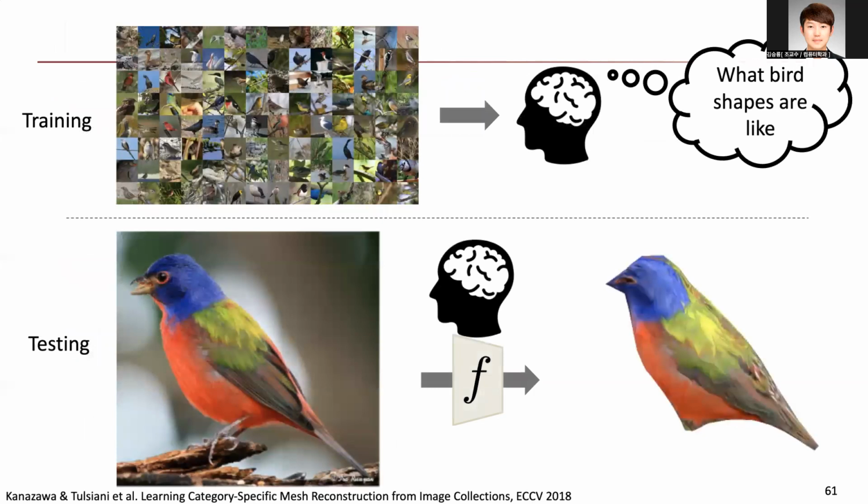Okay, let's go back to us. So as a human like us, if you see so many kinds of bird images, let's say training data, we can just assume what bird shapes are like, right? So okay, maybe it has a beak here and it has wings over there, something like this. This is the training step, and then the testing step.